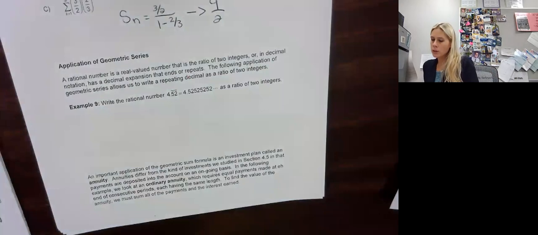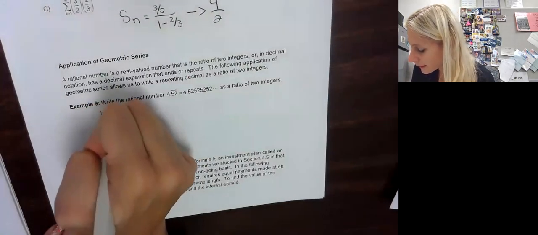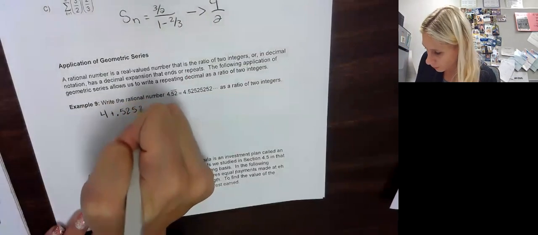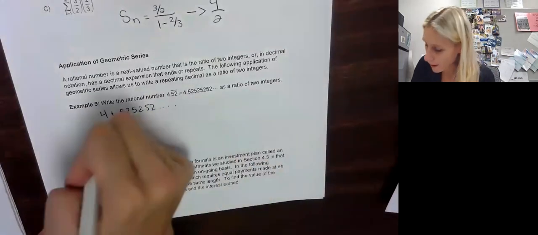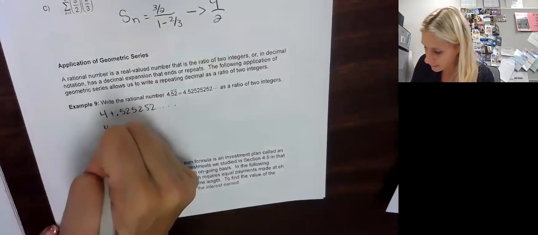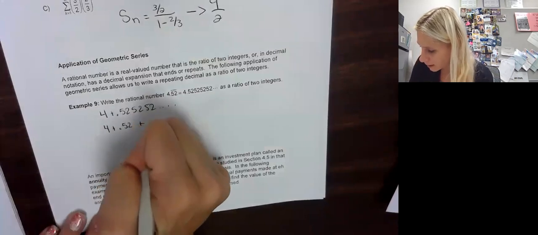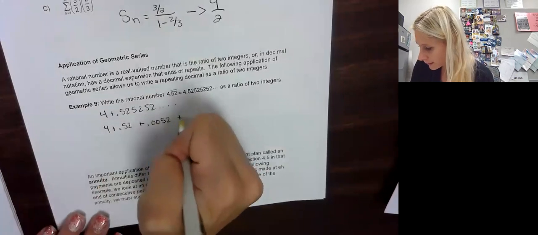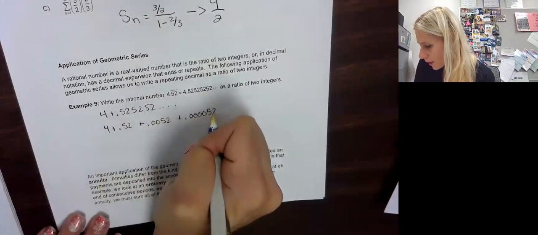All right, let's do some applications here. Write the rational number as a ratio of 2 integers. What we find is that this is 4 plus 0.52522. I can break that up even more: 4 plus 0.52 plus 0.0052 plus 0.00052, and then it keeps going.